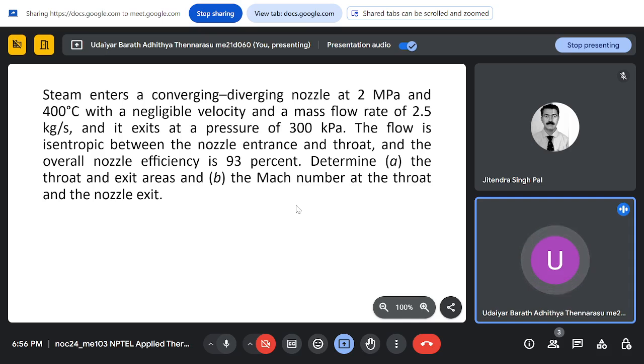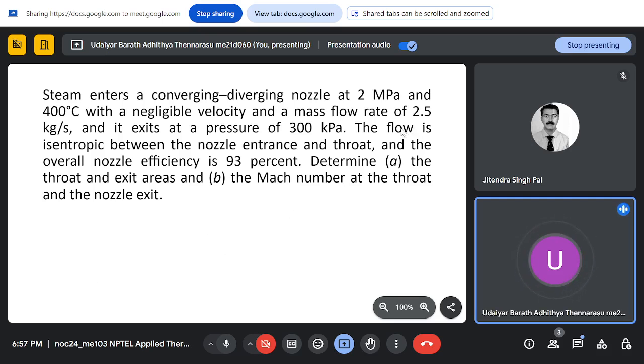So you have a converging diverging nozzle and your inlet is at 2 megapascal and 400 degrees Celsius, and your velocity is negligible. The given mass flow rate is 2.5 kg per second, and the back pressure or the exit pressure is given as 300 kilopascal.